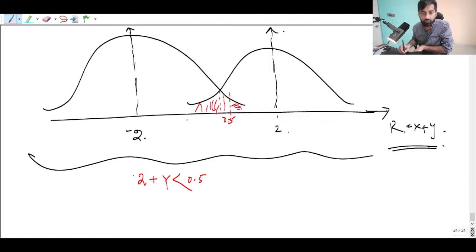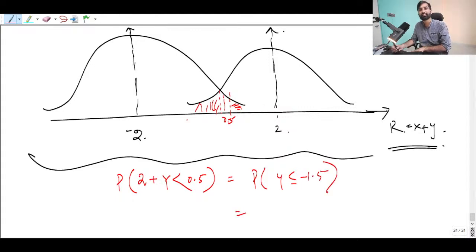So this is the probability they are asking. That is the error. Okay. So yeah, 1.5 and इसको तो आप डायरेक्टली कर सकते हैं. 1 minus phi of 1.5 and then the answer.